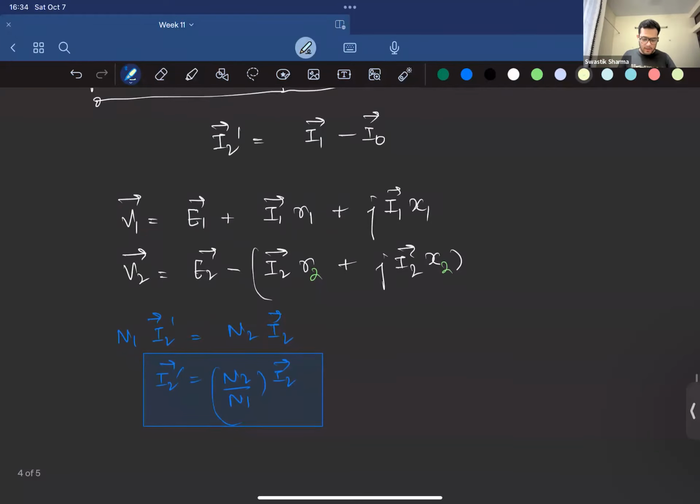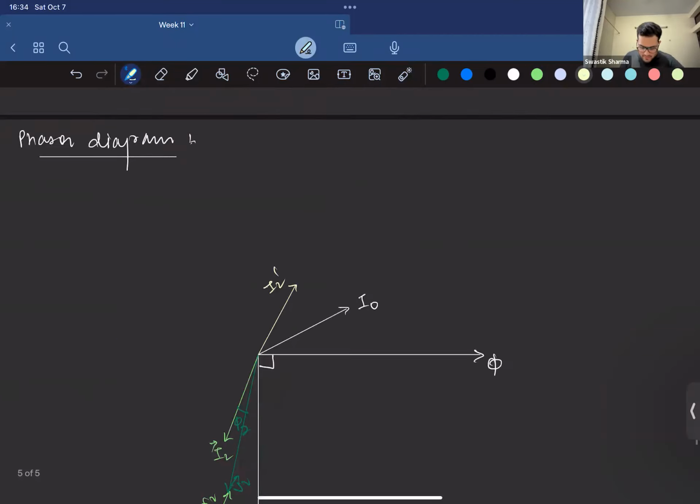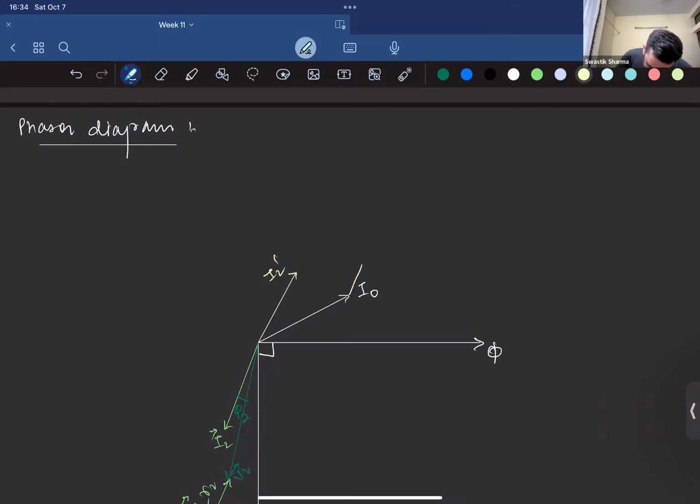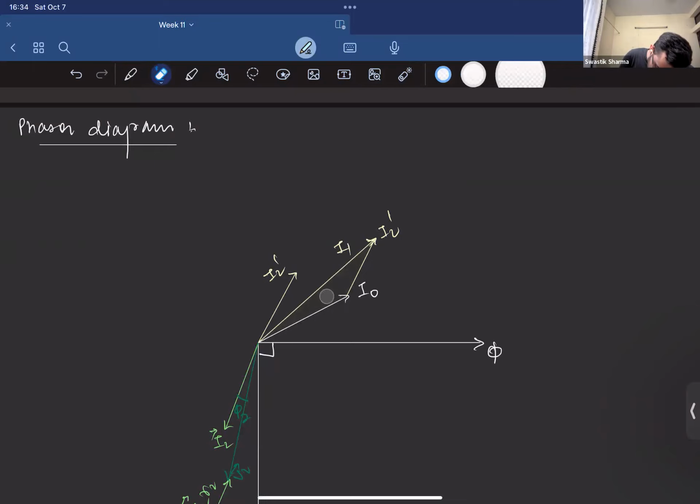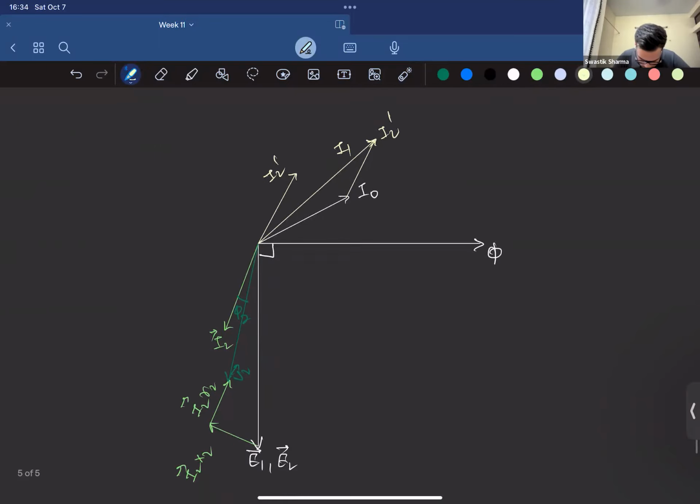Now I know I2 dash plus I naught will give us what's called I1, right? So let's do it. So this is I2 dash, and this is our I1 current, right? Okay.